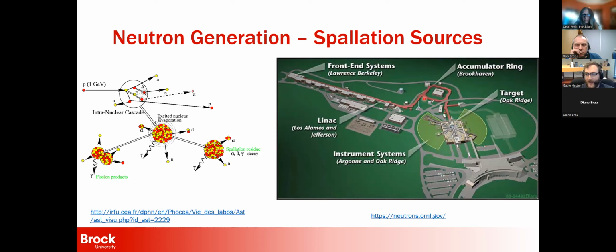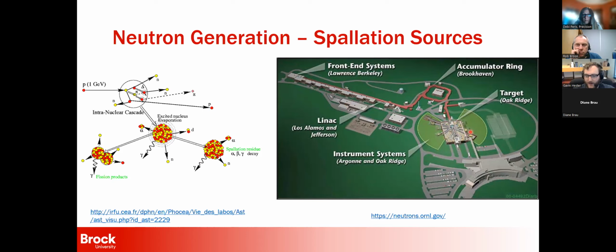They actually accumulate them first to get a large amount of them, and then they send them down this tube and slam them into a mercury target. Those protons are such high energy that when they hit the mercury, you can think of it as making it explode. That releases more neutrons that they then guide to all of these instruments in these lines. So these are the two ways to generate neutrons.